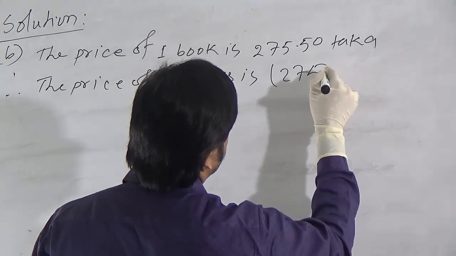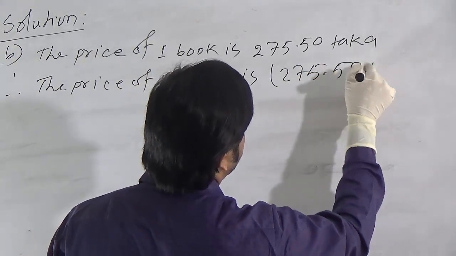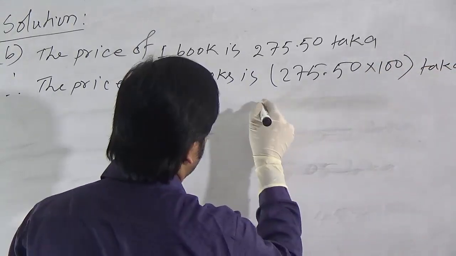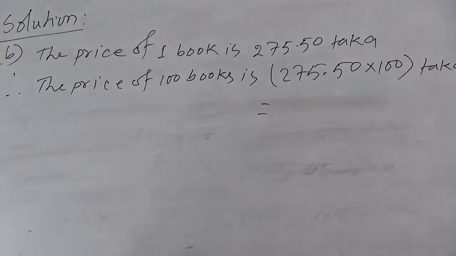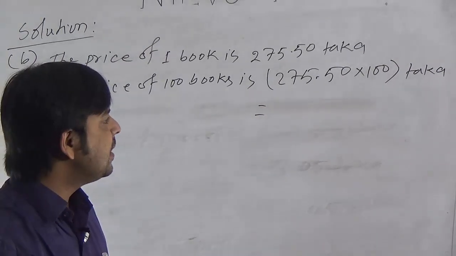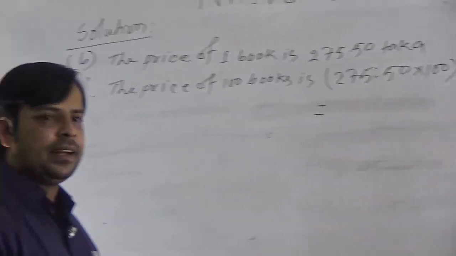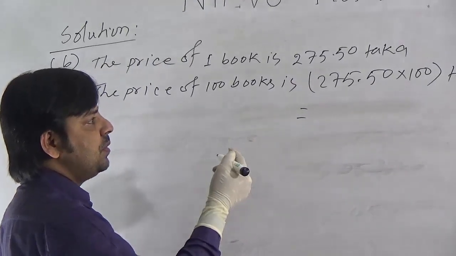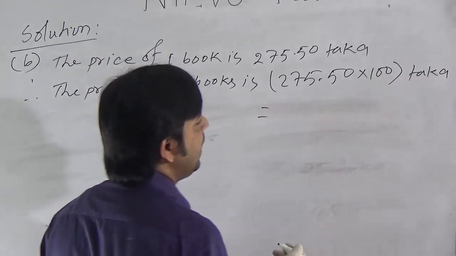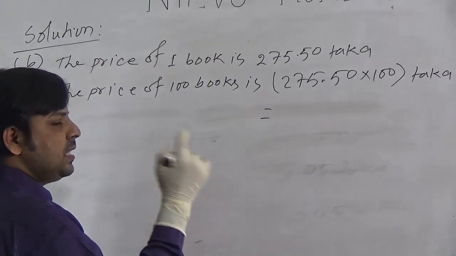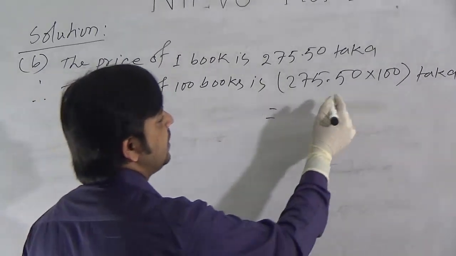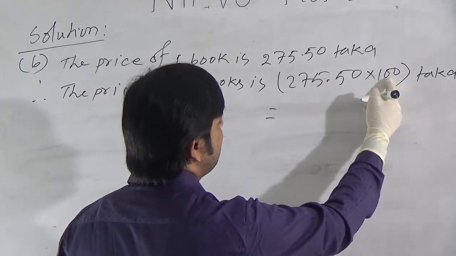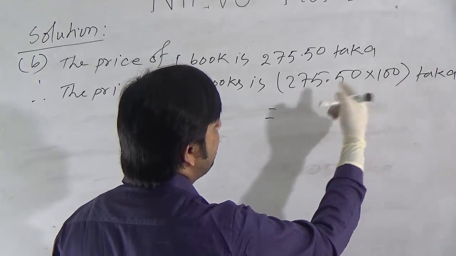We have to multiply 275.50 by 100. This is a simple multiplication. Multiplication in short method. When we multiply any number by 10, 100, 1000, this type of number, we just count the 0s after 1 and then the decimal will move those digits. Here there are 2 digits after the decimal, so the decimal will move just 2 digits right.